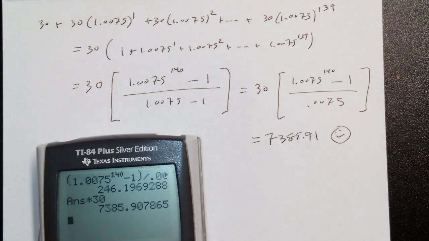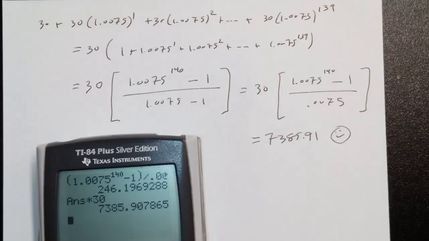Two questions. First, how much of that was interest? No. How much of this $7,386 is money the bank gave me? How much of this is interest?